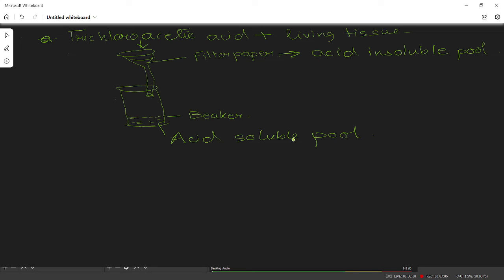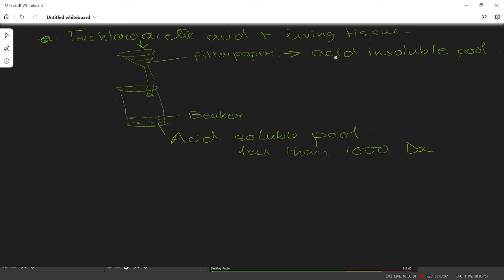Now, this acid soluble pool, the molecules which reach the filtrate, they will have a molecular weight less than 1000 Dalton, or most specifically 18 to 100 Daltons. That is the molecular weight of those substances.